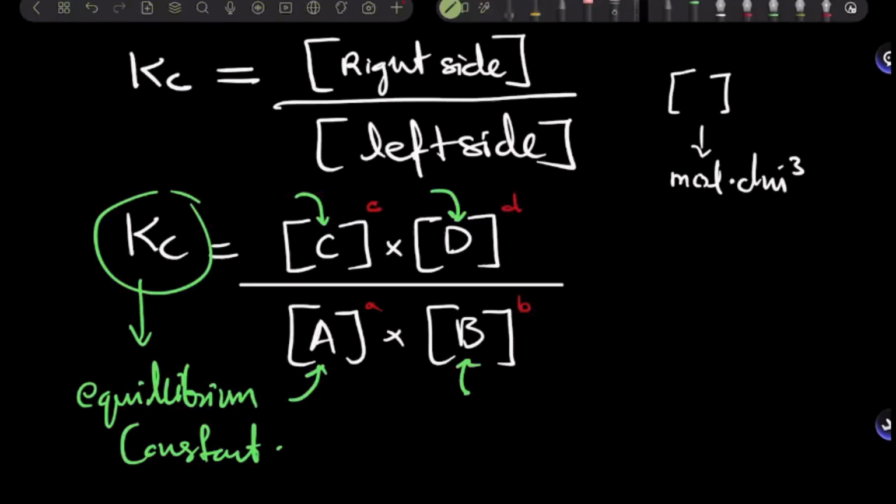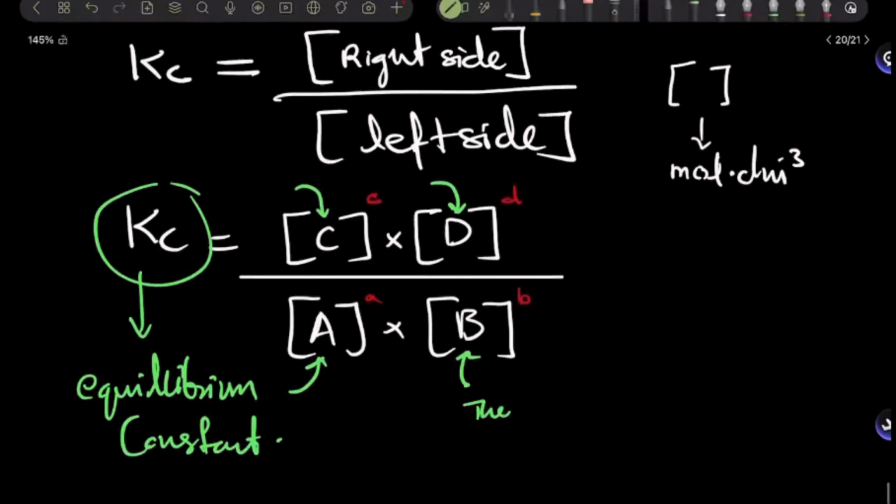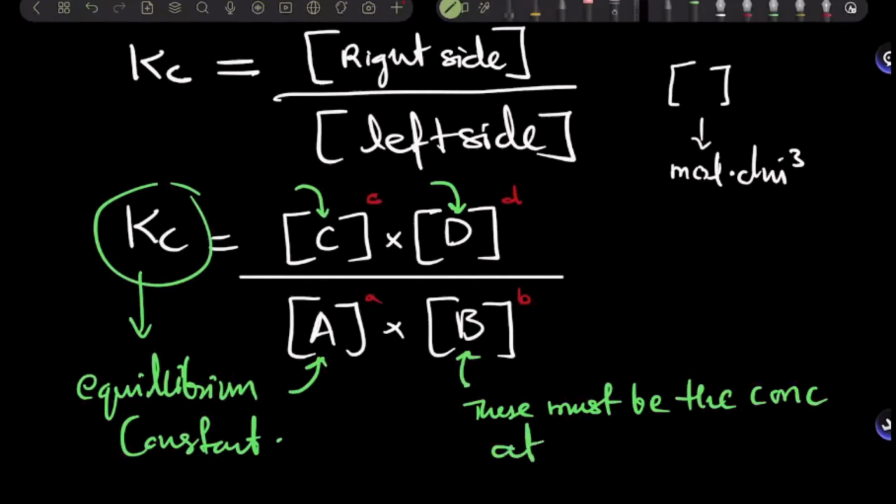The initial, the final, or the concentrations of C, D, A, B at equilibrium, if you're calculating the equilibrium constant? Them at equilibrium. Yep. These must be the concentrations at equilibrium.